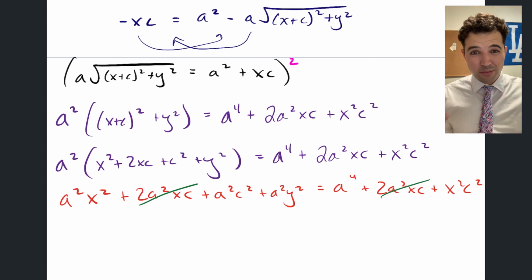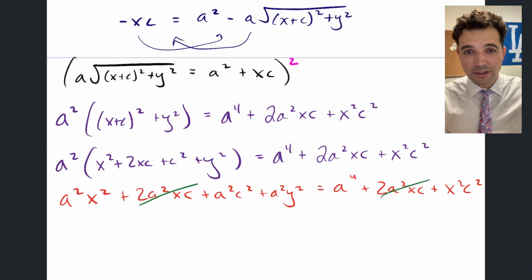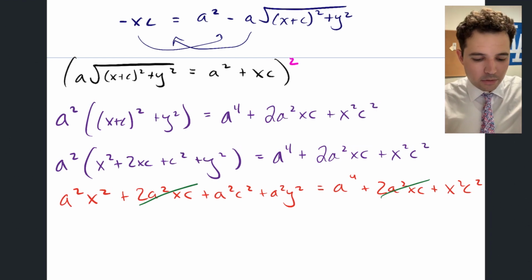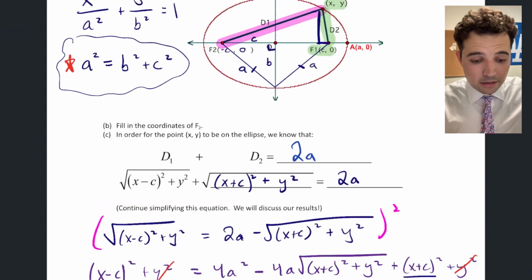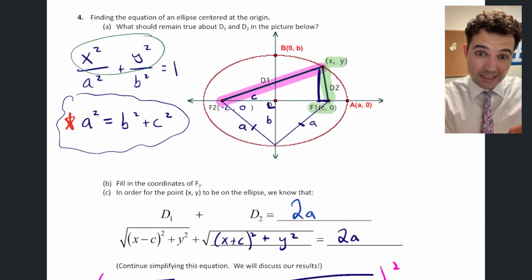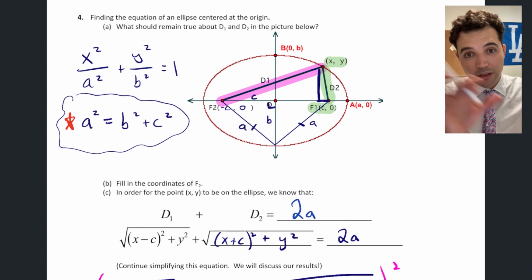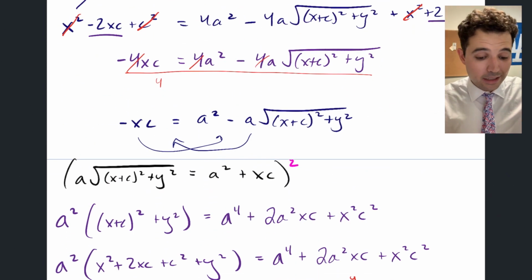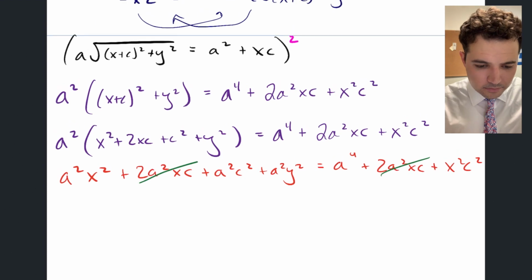So now at this point, you're probably looking at this and you're thinking to yourself, how is this any better? I feel that, but I do want to point out that there are still some moves that we can make. For example, let's keep our destination in mind. We want to end up with an equation where our x's and y's are all on the same side. So right now, I'm going to put my constants on one side and my x's and my y's on the other side.